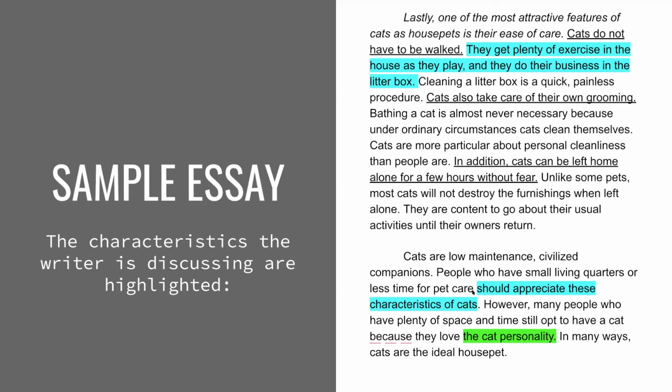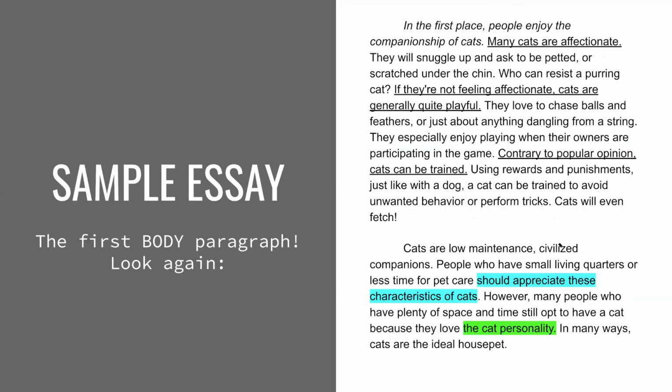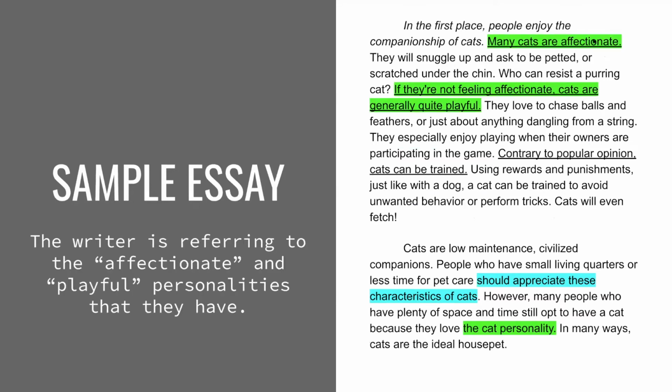That idea of less time for pet care. And then notice, what do they mean by the cat personality? Where do they talk about this in the sample essay? Well, again, if I go to the first body paragraph, notice how they talk a lot about their personality. So notice they use the words affectionate and playful.